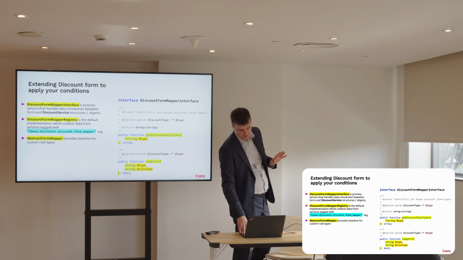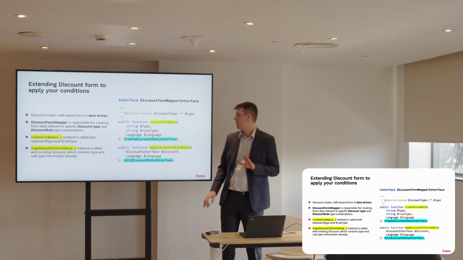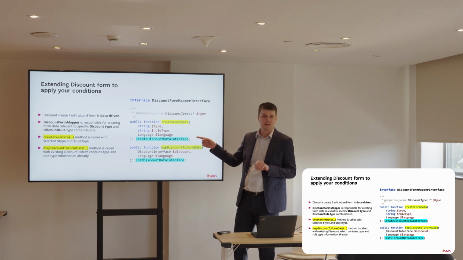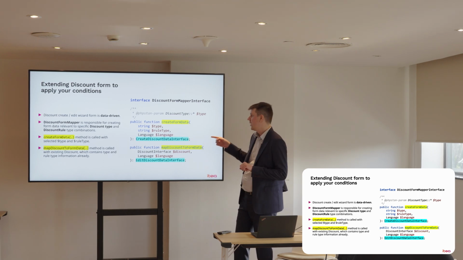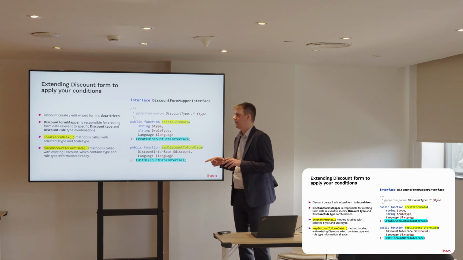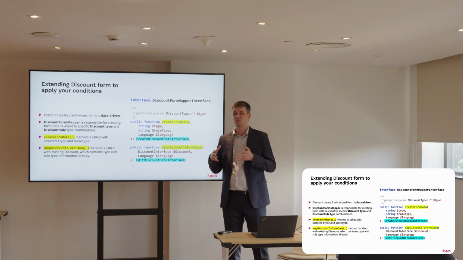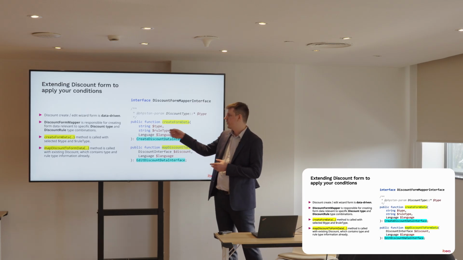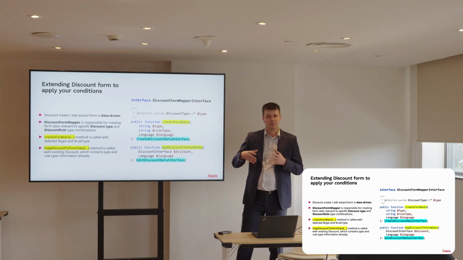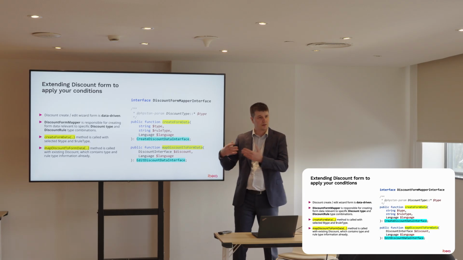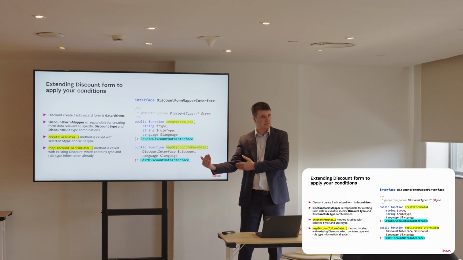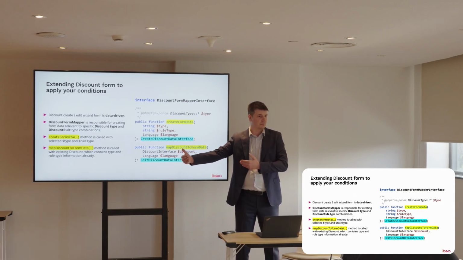There are 4 other methods in the interface. 2 are related to creating the data that's underlying in the form. We have decided that the best way to approach this is to give you control over what data sits in the form. This is a data-driven approach, where the mapper gives the form the data, and the form reacts to the data that it has to create more fields as necessary.